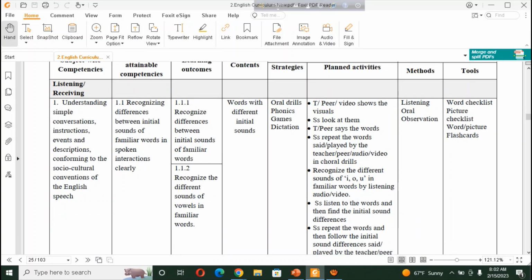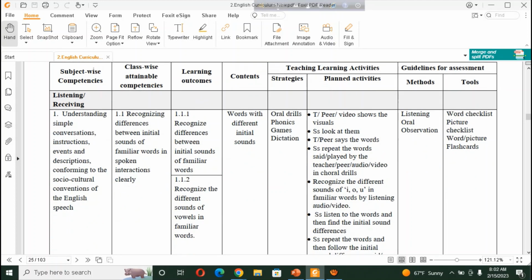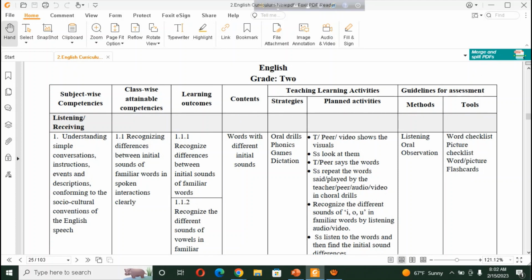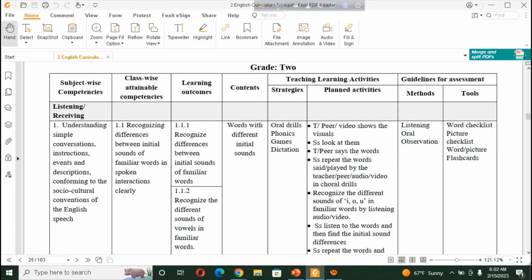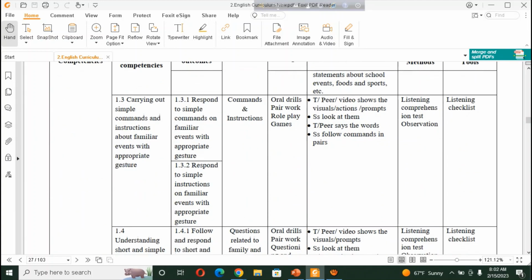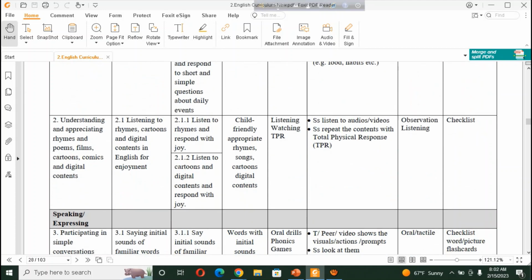Here are class-wise attainable competencies and learning outcomes, and then content, and then teaching learning activities, strategies, and planned activities. Strategies means techniques, and planned activities means what activities we take for acquiring learning outcomes in our classroom. Then methods and tools.